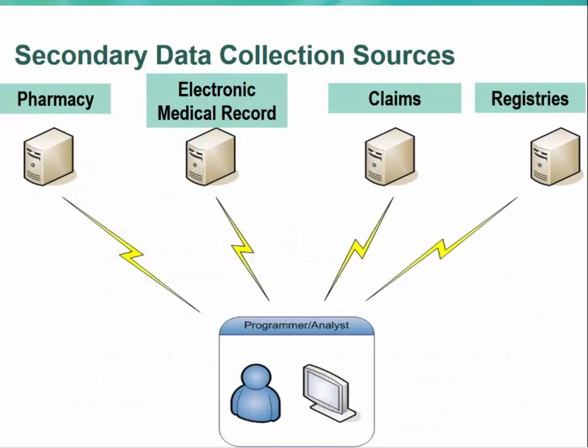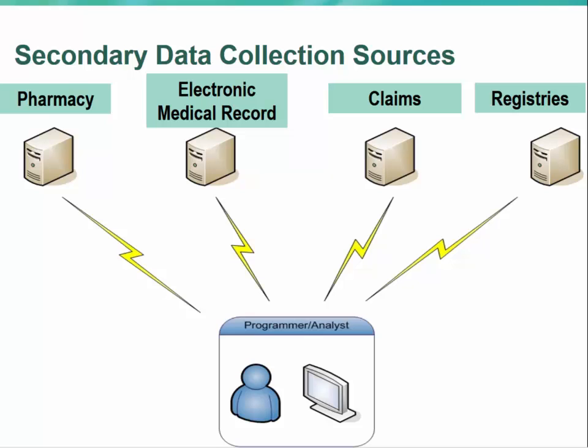So here's an illustration of what it looks like using electronic data, secondary data. There's a programmer and an analyst sitting at their computer screen with the ability to access all these different databases. They have sophisticated software that would be needed to extract data from them.